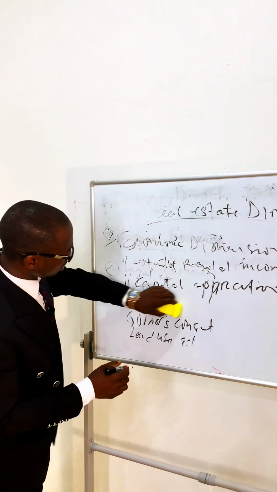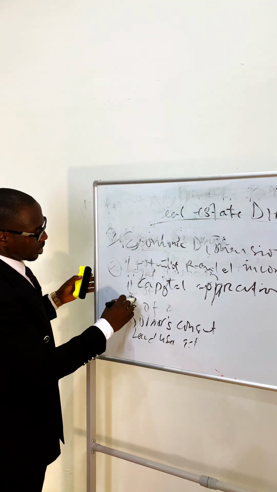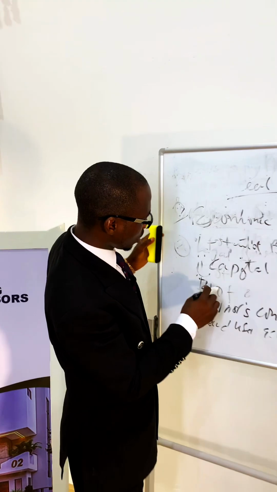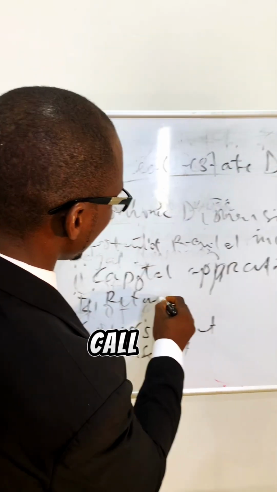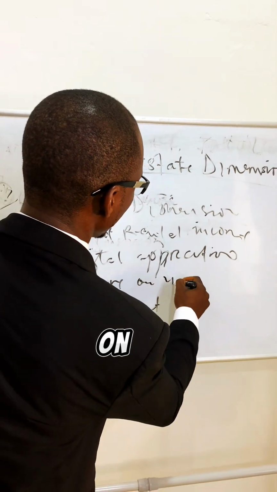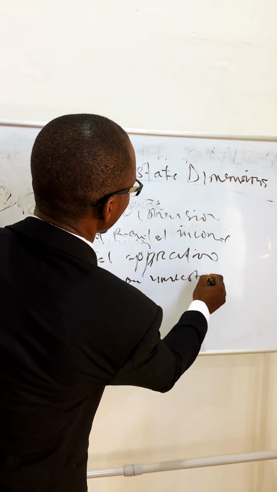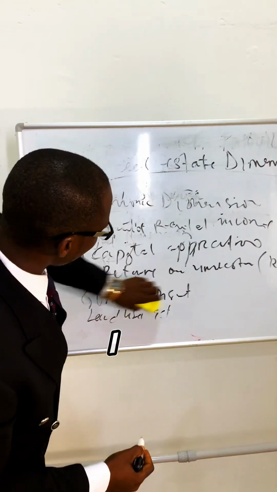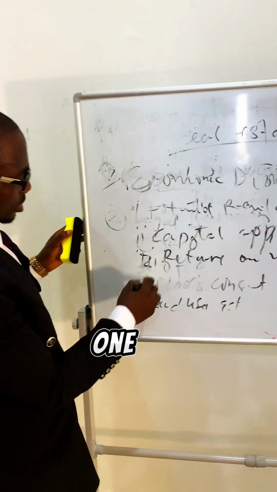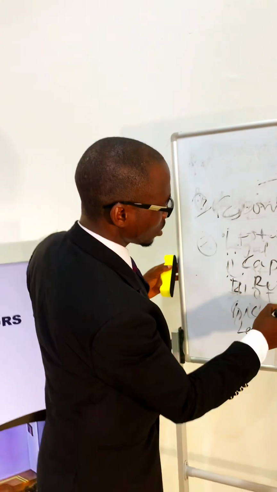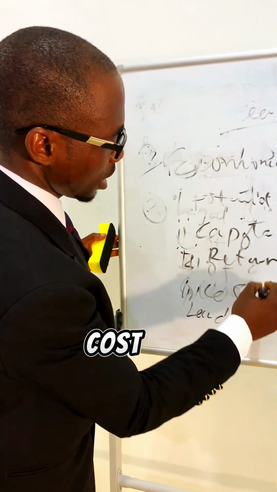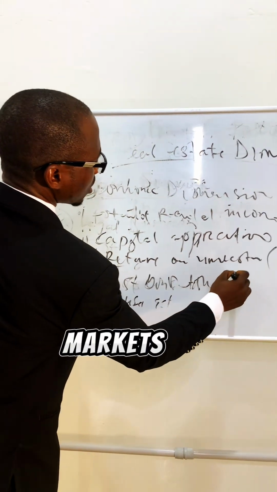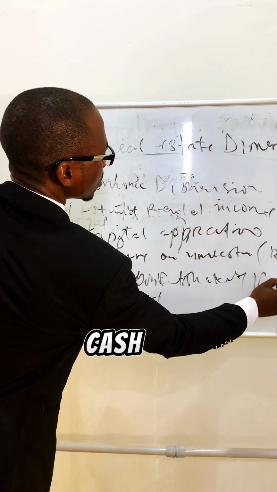And then three is what you call return on investment, ROI. And then the fourth one is what you call cost of development versus market value.